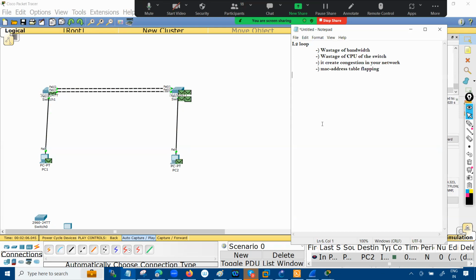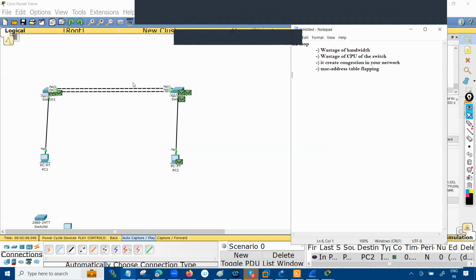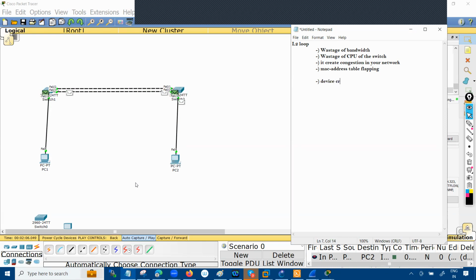And eventually, after 2, 3, 4 hours, even if you do this on Packet Tracer and leave it for 1 hour with the loop there, your personal laptop CPU will be high. So eventually there is a chance your device will crash.